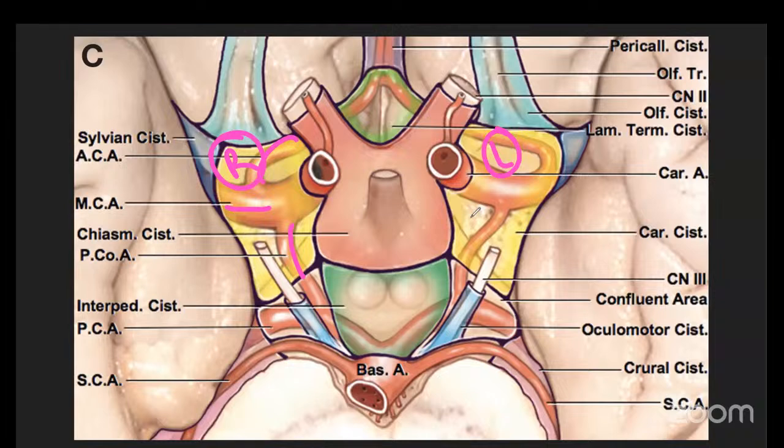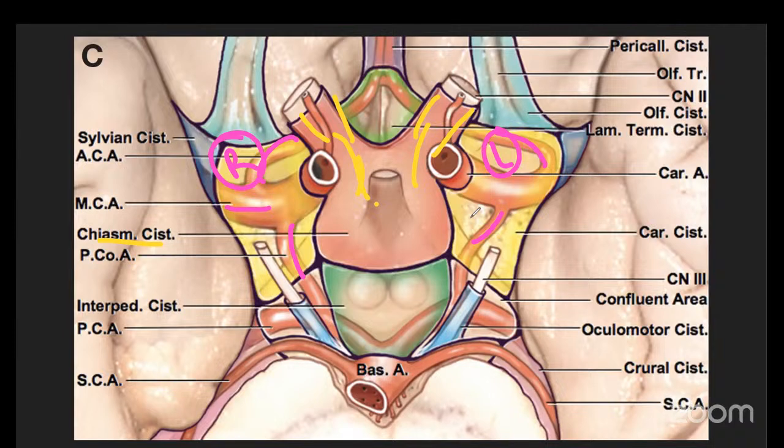The cistern around here is the carotid cistern. And please remember the color, this is in purple for the purpose of this image. Whereas the cistern around here, which cistern is going to be this? This is going to be the chiasmal cistern, right? Since we have the optic chiasm here. So the chiasmal cistern and the carotid cistern are in close vicinity with the anterior clinoidal process. Am I clear till here?